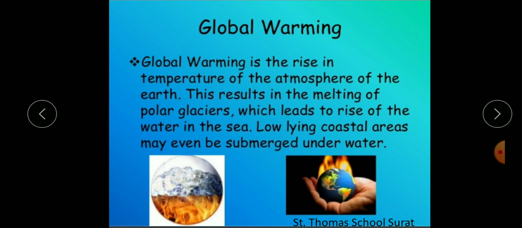So during combustion, heat and light are given out. Then we learned about ignition temperature. What is ignition temperature? It is the lowest temperature at which a combustible substance catches fire. Then inflammable substances: they have a very low ignition temperature. Fire can be controlled by removing one or more of the requirements essential for producing fire.